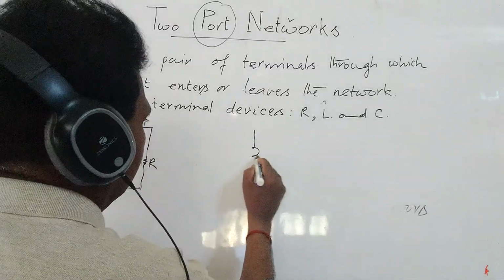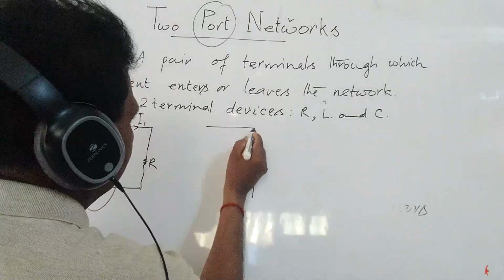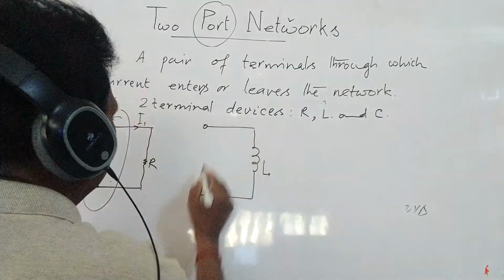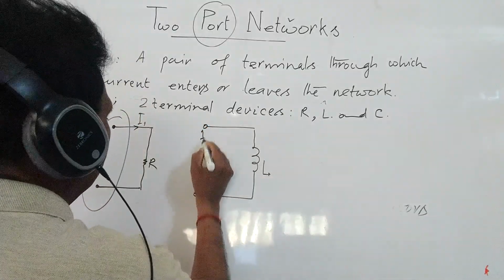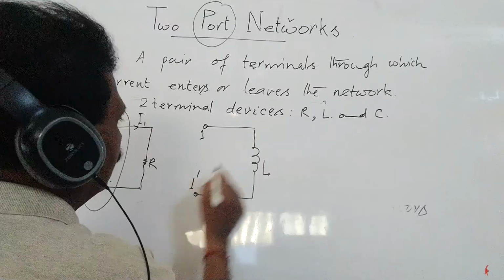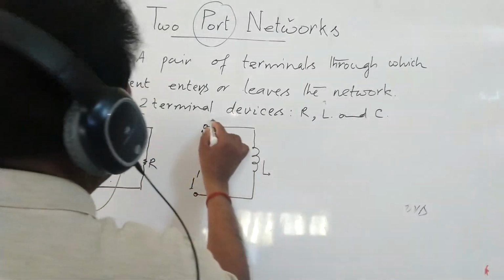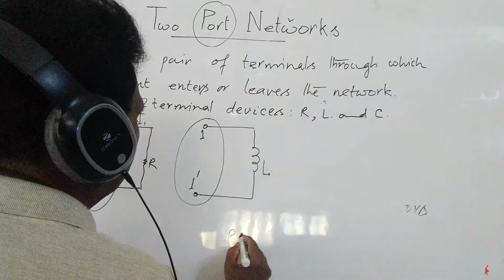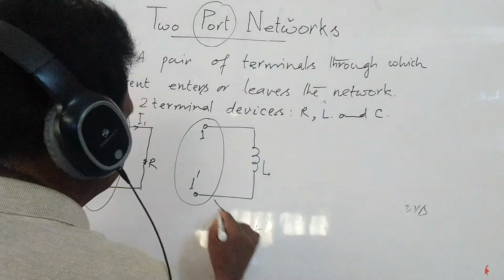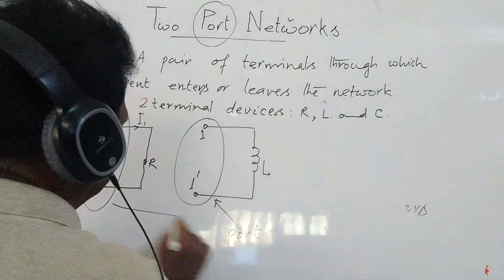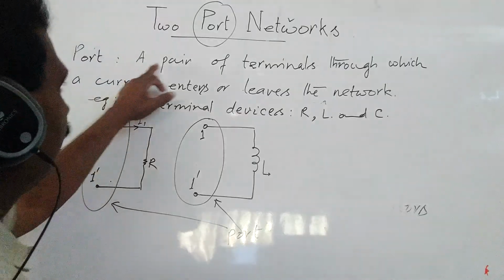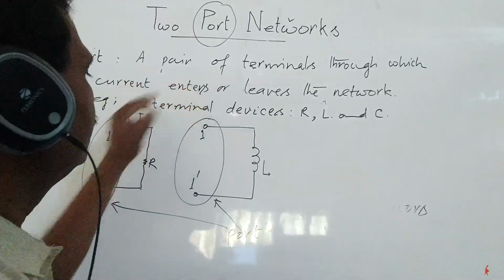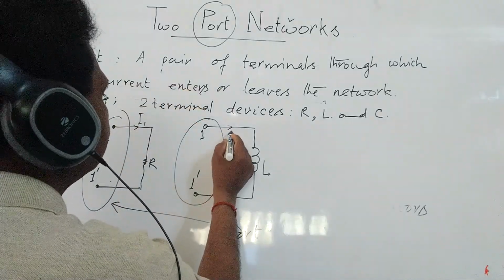Similarly, this is the inductor. Okay, here again there are two terminals. These two terminals will be said to be port. A pair of terminals through which a current enters or leaves.